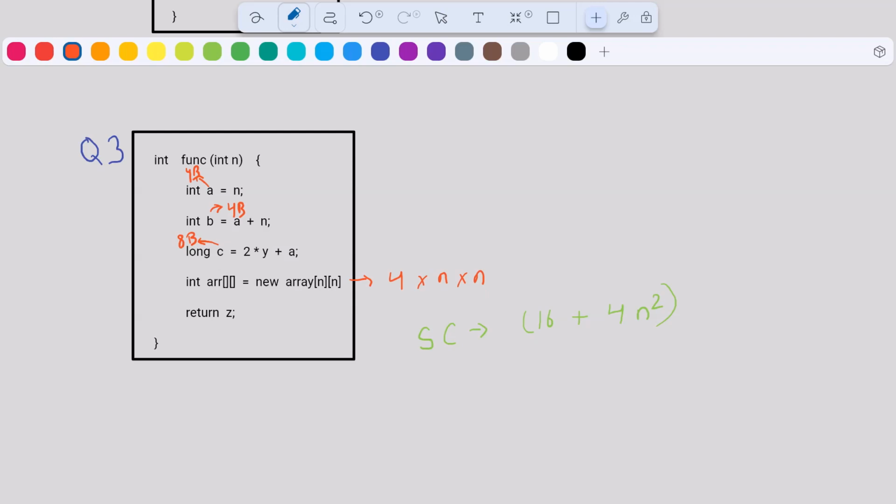First we add these: 16 plus 4 into n into n, which is n square. First we remove all lower terms, so 16 will be removed, then we remove all the coefficients, so 4 will be removed. Finally the result is that the space complexity for this will be order of n square. N is the input which is given over here.